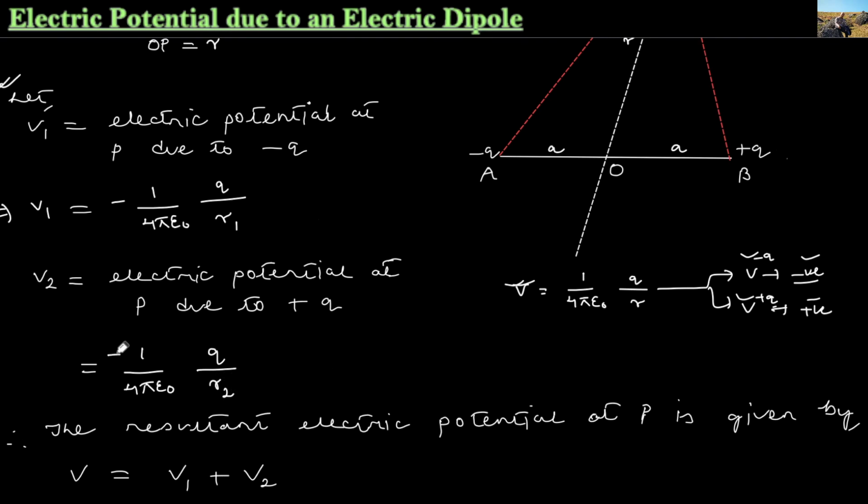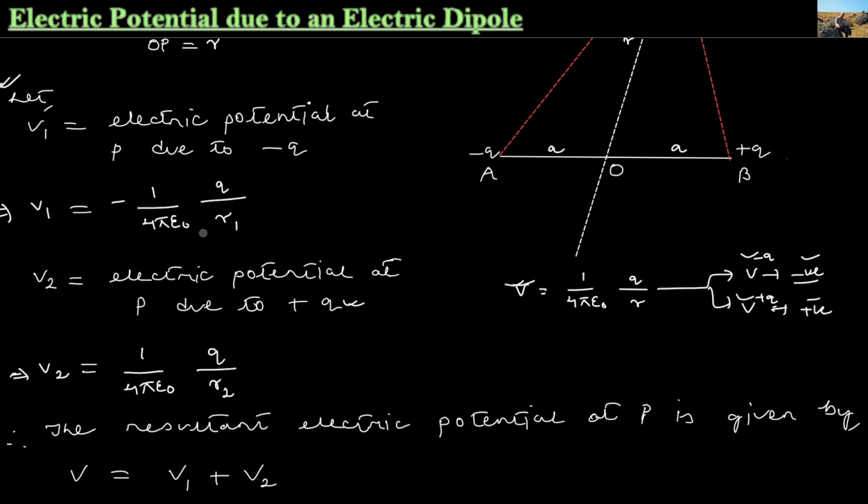And over here, since it is for a positive charge, we need not write the positive sign. V2 will be given by that expression.